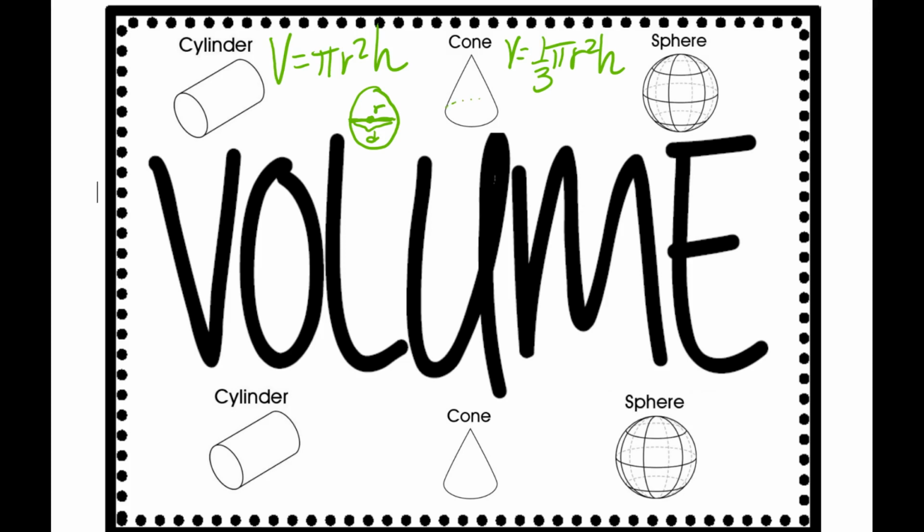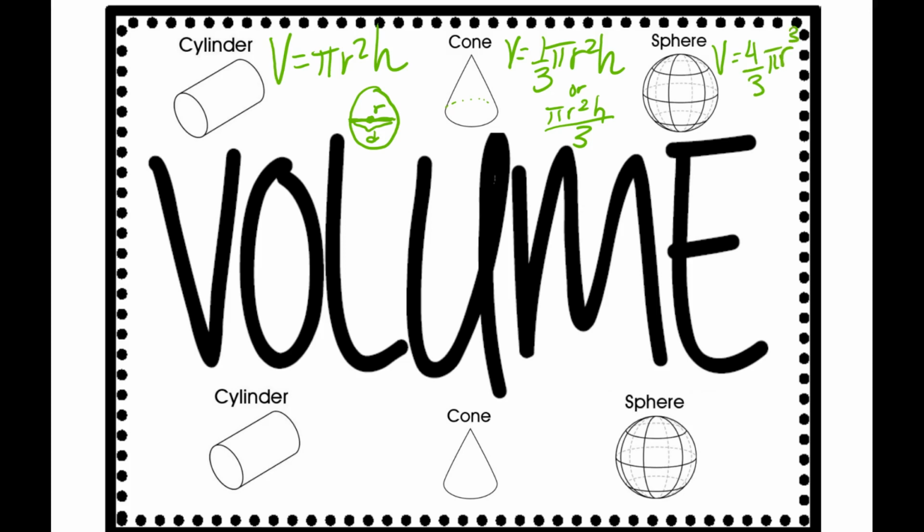So again, the volume of a cone is 1/3 pi r squared h, or you may see it like this, pi r squared h over 3. Both of them will work. Okay? And then the volume of a sphere is kind of different. V is equal to 4/3 pi r cubed.